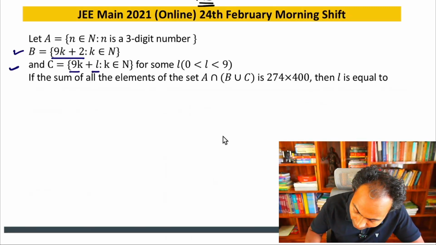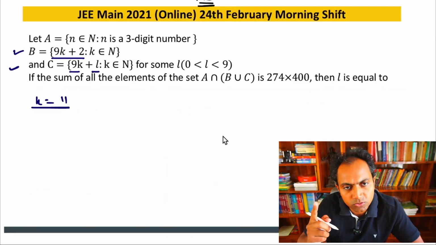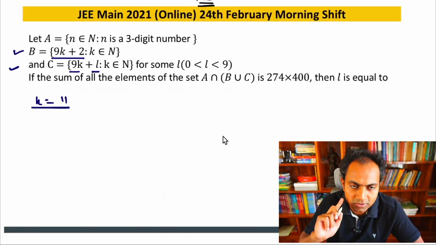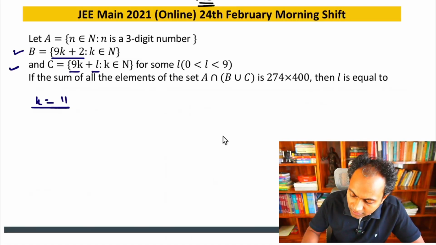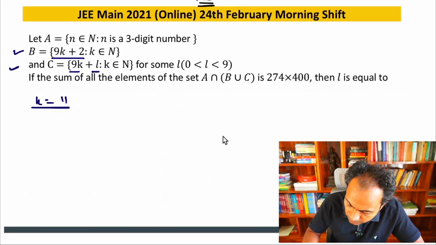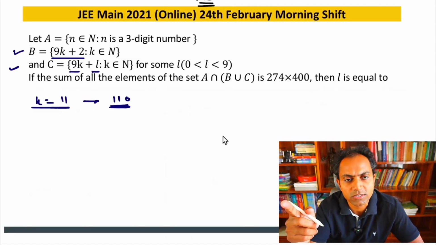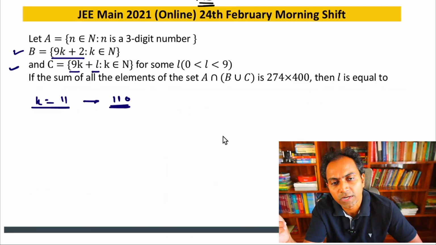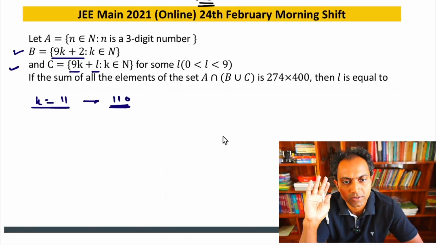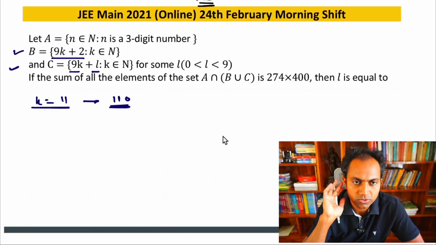The minimum value of k that you can put is 11, because 11 into 9 is 99, and 99 plus 2 is 101, a 3-digit number. The maximum value is 110, because at 111 it will cross, it will become 999 plus 2, a 4-digit number. So I can only go from this value to this value.